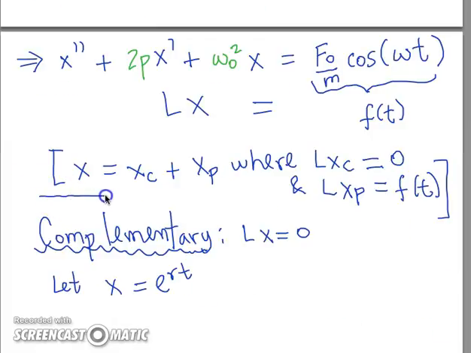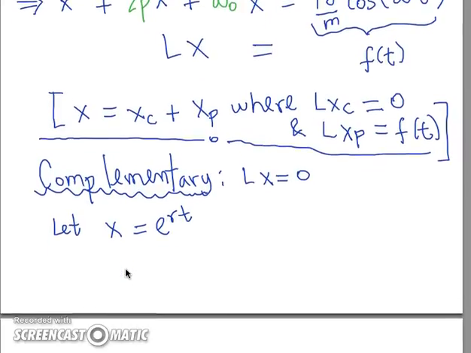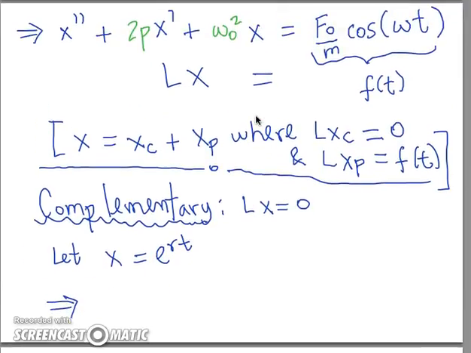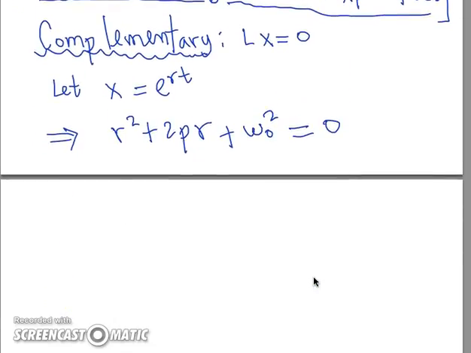So to find the complementary solution, we are going to consider the homogeneous problem, which is the operator L equal to 0. We assume that a function satisfying the homogeneous equation is exponential, and this leads, in this case, to r squared plus 2p r plus omega 0 squared being equal to 0. This is the characteristic equation for the homogeneous problem.